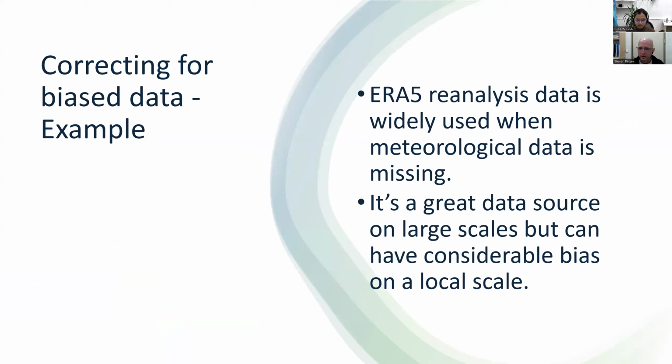The example is for ERA 5. ERA 5 reanalysis data is meteorological data. It's widely used when you don't have local measurements or not enough local measurements. So it's a great data source on large scales, but it has a considerable bias on local scales.